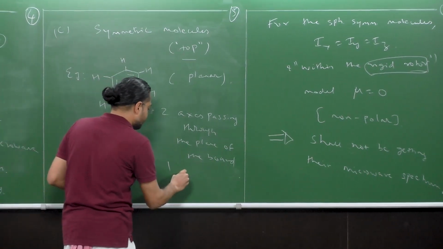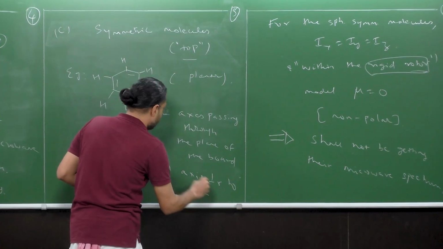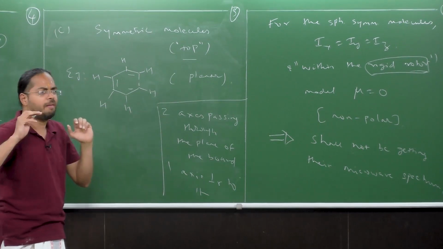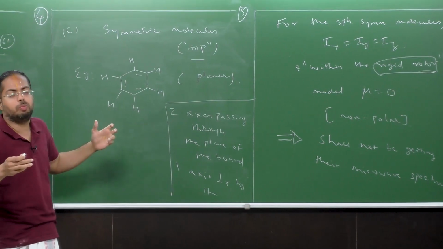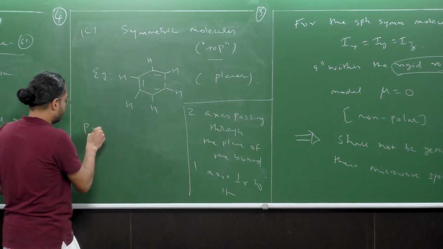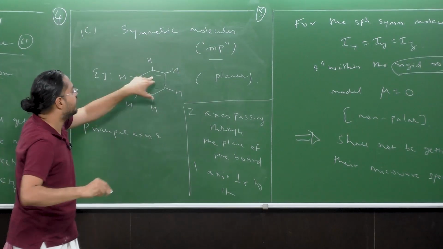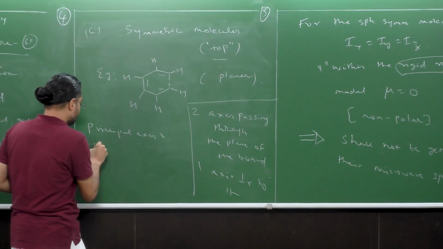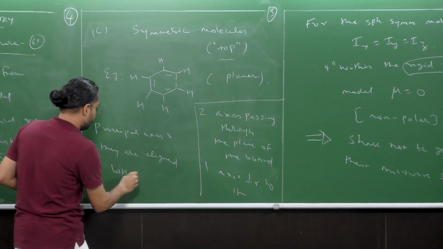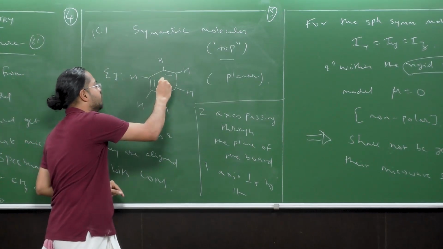These are the axes of rotation, which for our purpose we can consider to be principal axes, and I allow them to pass through the center of mass. For benzene, this is going to be the centroid of this hexagon right here.